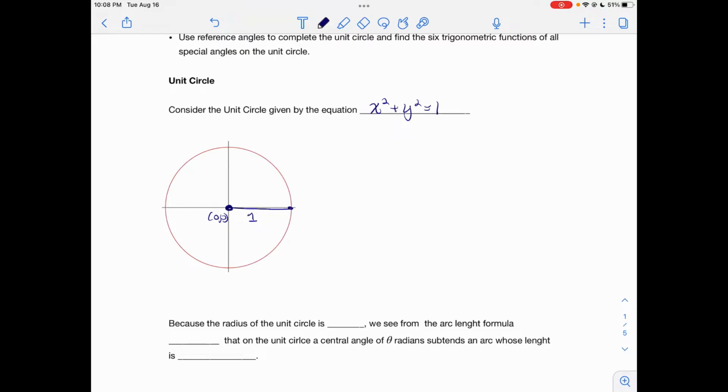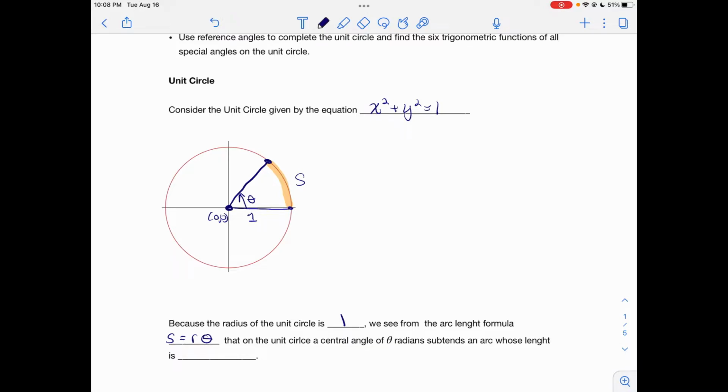Now, because the radius of the unit circle is 1, we see from the arc length formula that we learned in our last class, arc length is equal to radius times theta when theta is measured in radians. So, for example, let's say I have this angle here, and this is theta. My arc length, which is s, is equal to r times theta.